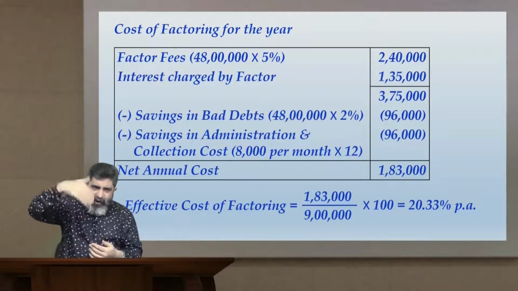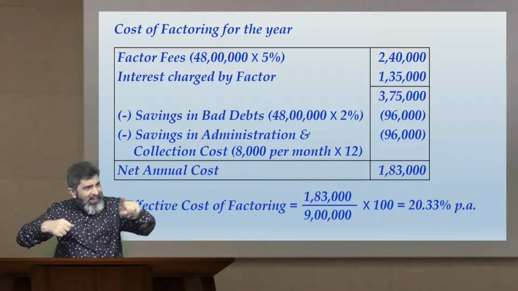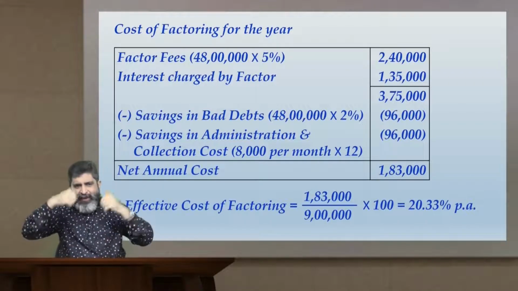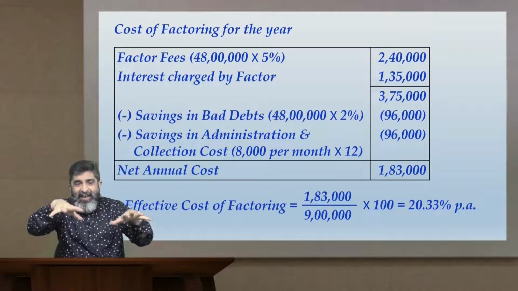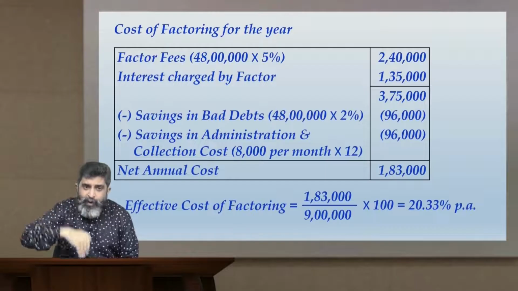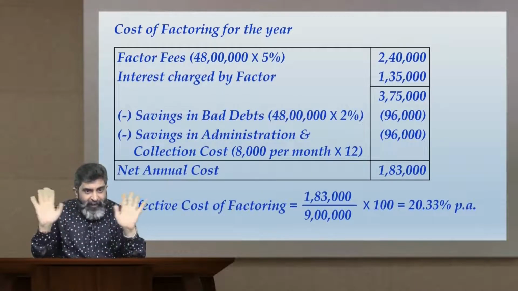When I appoint the factor, I will tell the factor, look, these are my debtors, you go and collect money from them. How much is my debtor standing at that particular day when I am appointing the factor? 12 lakhs, not 48 lakhs, correct?